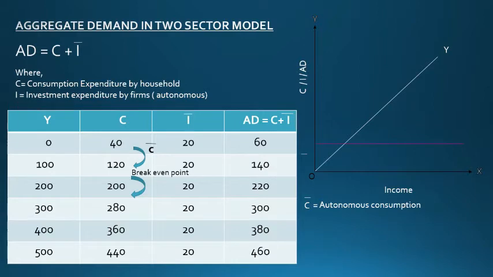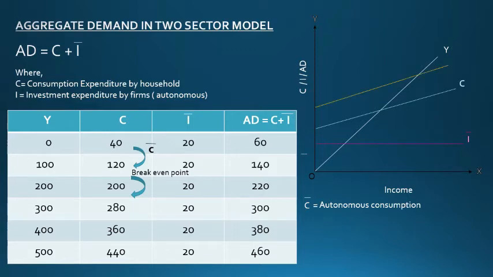The investment is actually autonomous, therefore it will be parallel to the x-axis. Whereas the consumption is originating from above the origin. Why? Because there is a portion of consumption which is not influenced by the current year income. And it is an upward sloping curve indicating that it also increases as and when the income increases.